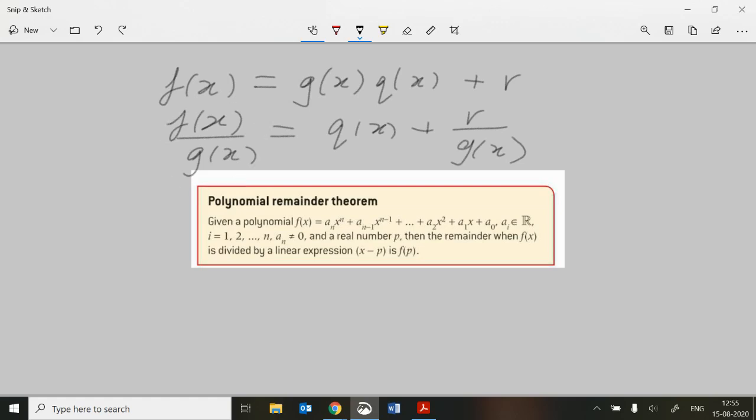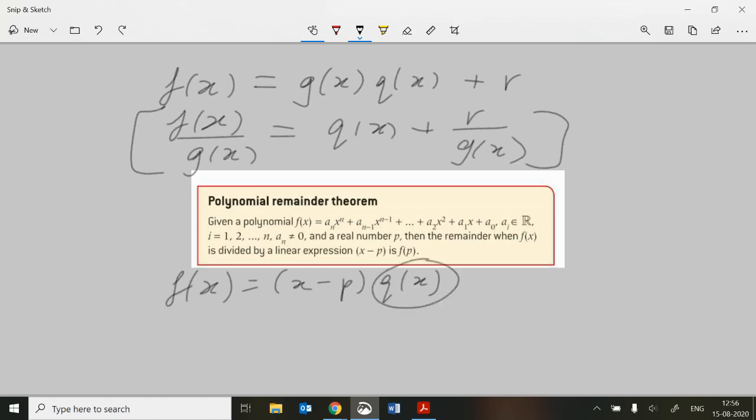If we do a division of polynomials, we get a quotient and we get a remainder which is yet to be divided by our factor or our divisor. Okay, so this is another format for this. Now, the polynomial remainder theorem is saying, what happens if x minus p is a factor? Well, that's going to replace our g of x there, so we can write x minus p times the quotient of x, which is of order 1 less than f of x, of course.